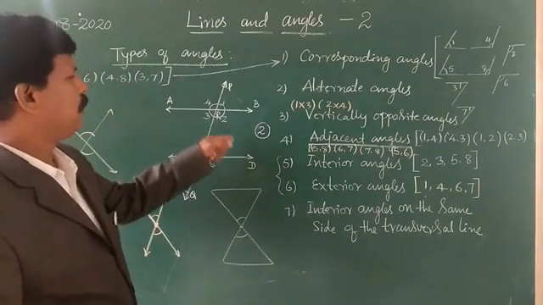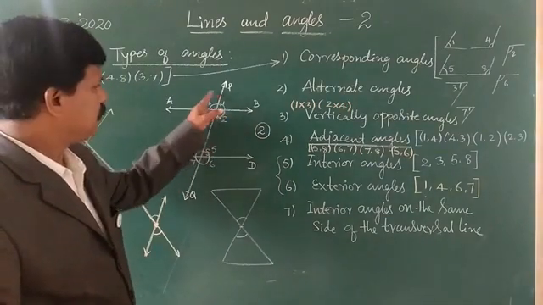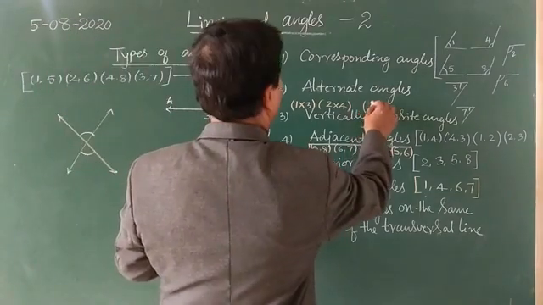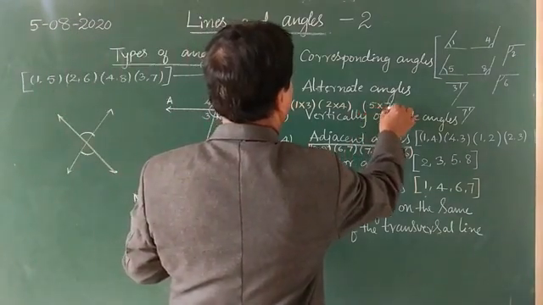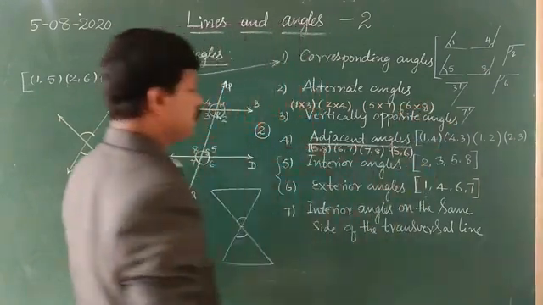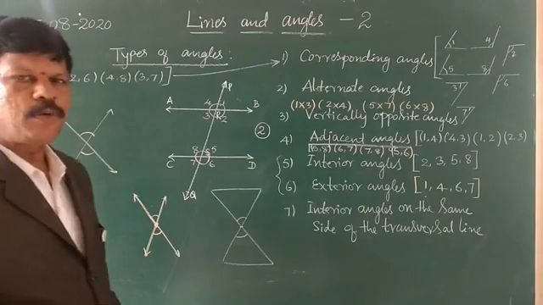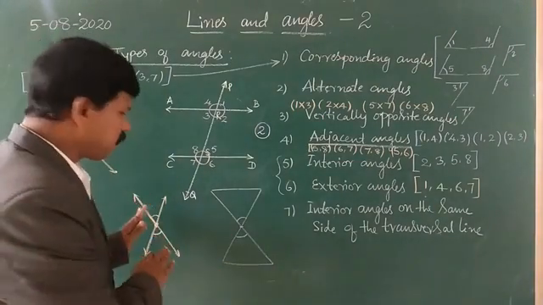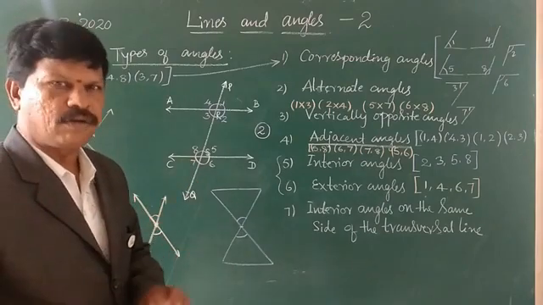So there are 2 pairs of vertically opposite angles here. Similarly here, 5 and 7, and another pair 6 and 8. These are vertically opposite angles, and remember that vertically opposite angles are always equal.